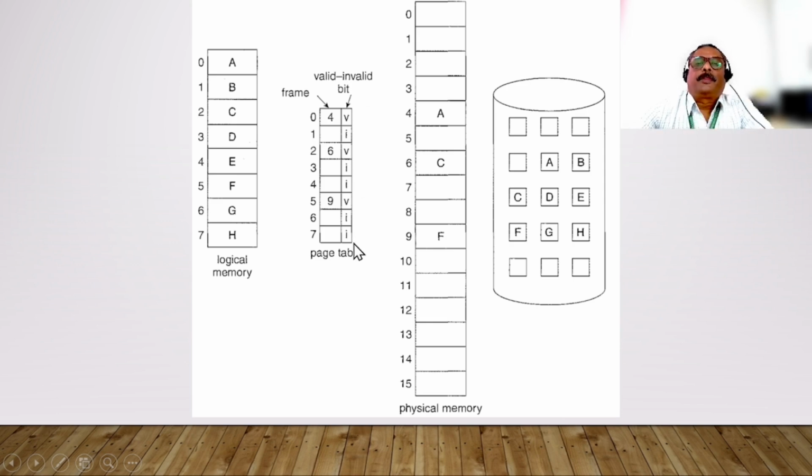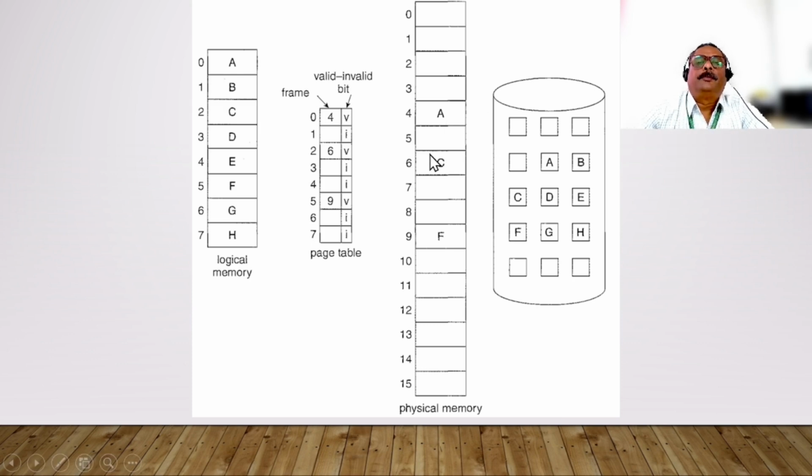So when we are working with the execution, say currently some instruction in page A is being executed, and there we encounter some jump instruction, conditional jump instruction or something, and if it happens to be in page C, then there won't be any problem.